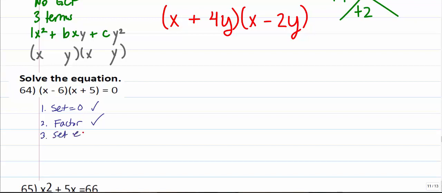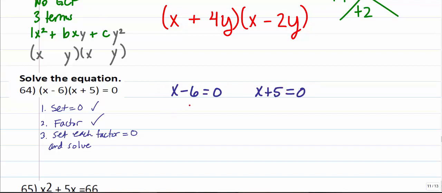And then set each factor to 0 and solve. So everything's already done for me here. All I have to do is set x minus 6 to 0 and x plus 5 to 0. So x minus 6, well, I want to add 6 so that x is by itself.